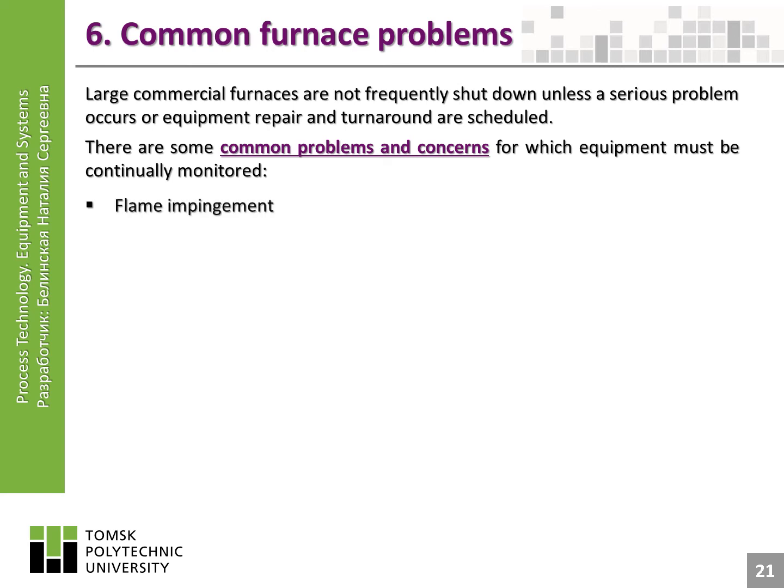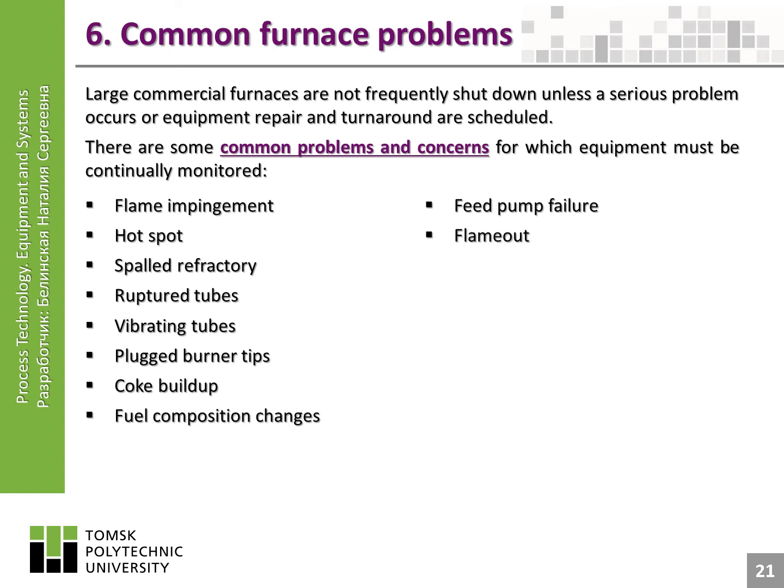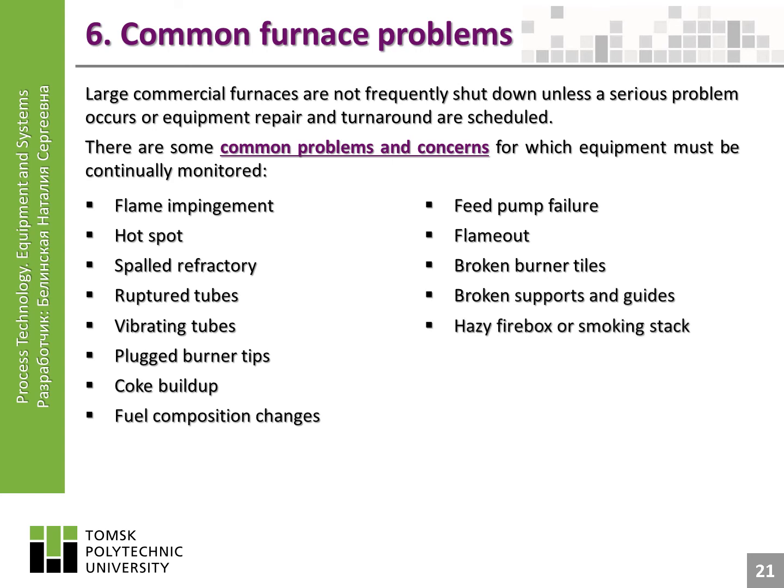Flame impingement, hotspot, spalled refractory, ruptured tubes, vibrating tubes, plugged burner tips, coke buildup, fuel composition changes, feed pump failure, flameout, broken burner tiles, broken supports and guides, hazy firebox or smoking stack, sagging or bulged tubes, hot tubes, valve failure.